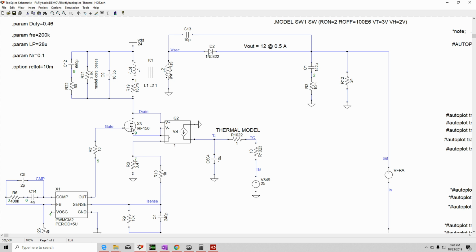That if you're going to do a real simple thermal analysis, you typically calculate the power level of the MOSFET. You can calculate that by hand or with a simulator.